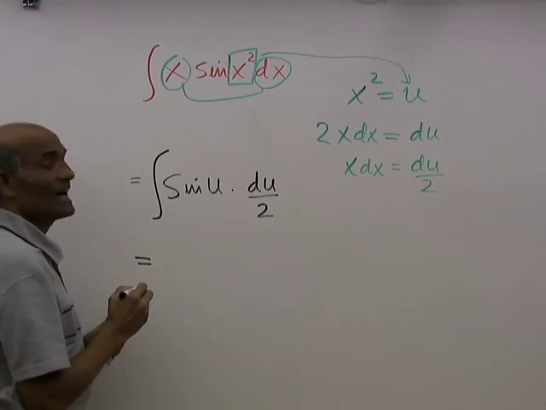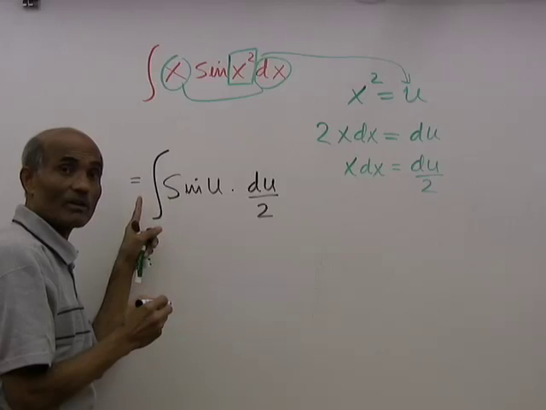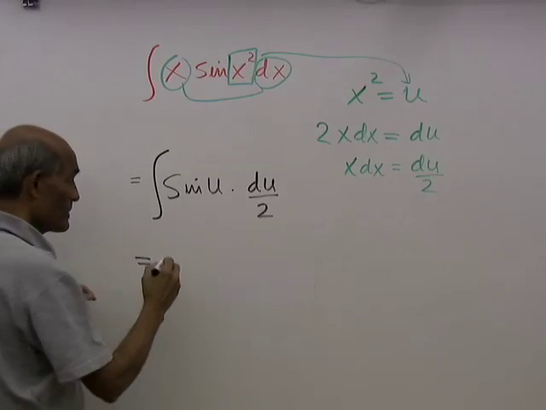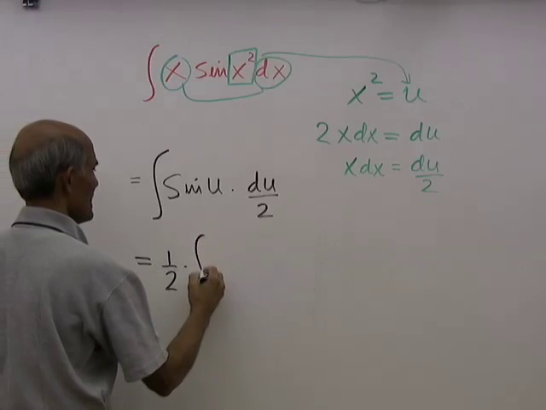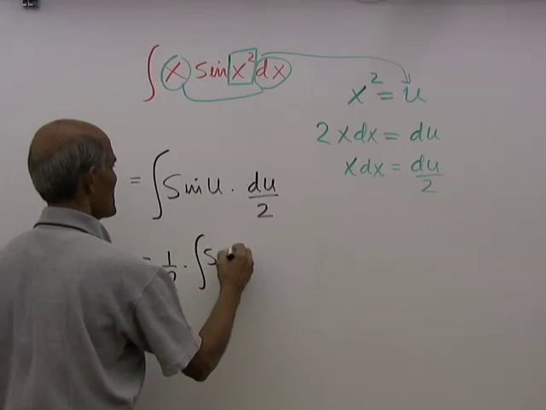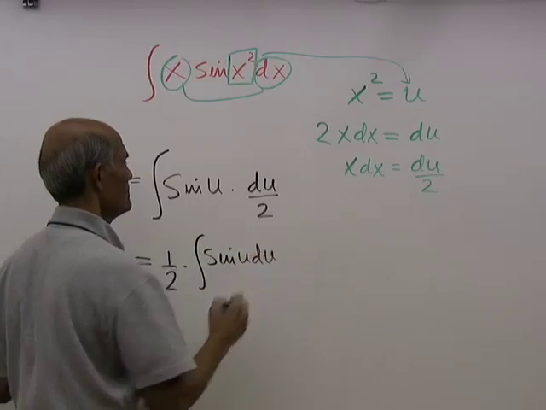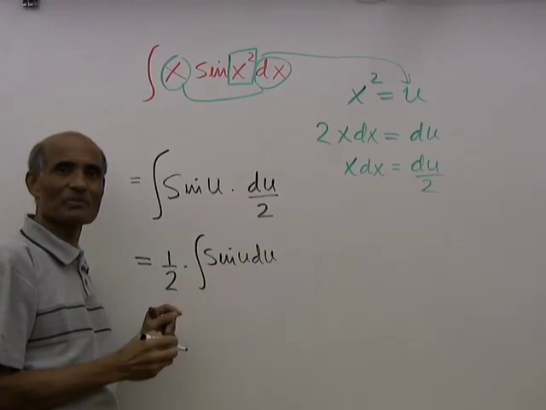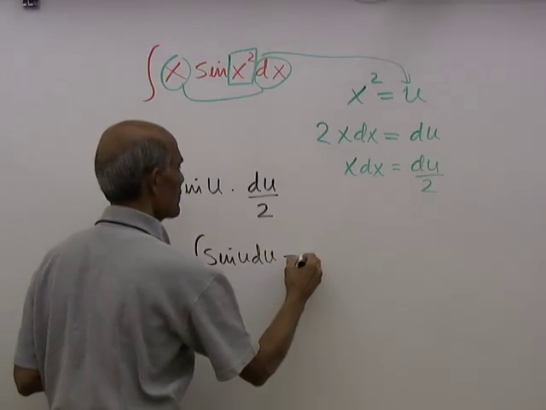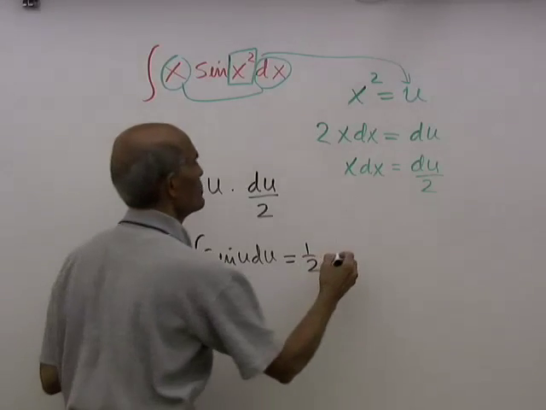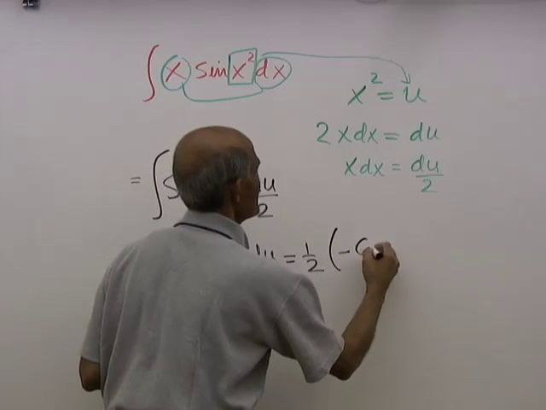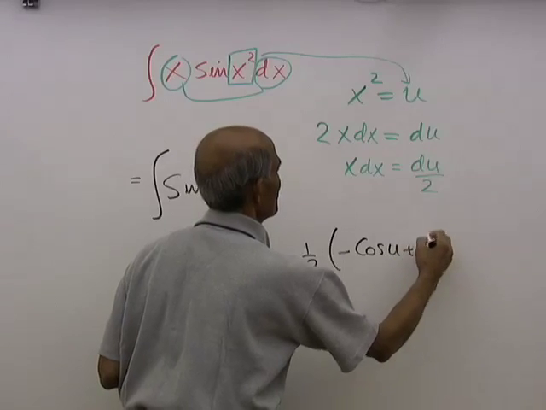And what does that give you? As usual, the 2 on the denominator will come out as 1/2. That'll be 1/2 times integral sine u du. And that you know how to integrate. That will be 1/2 times integral of sine u du is negative cos u plus c.